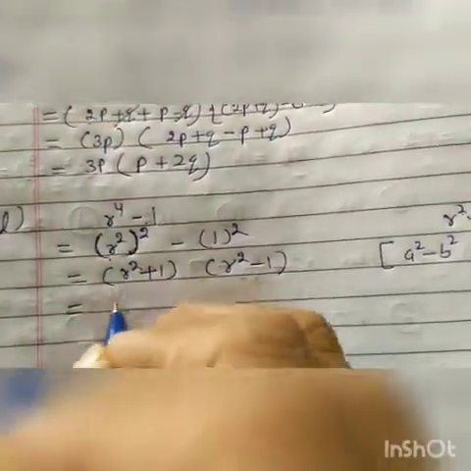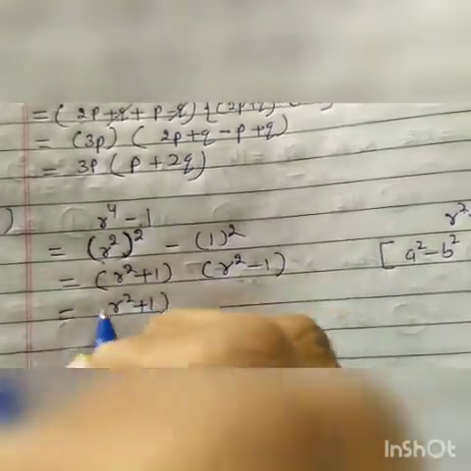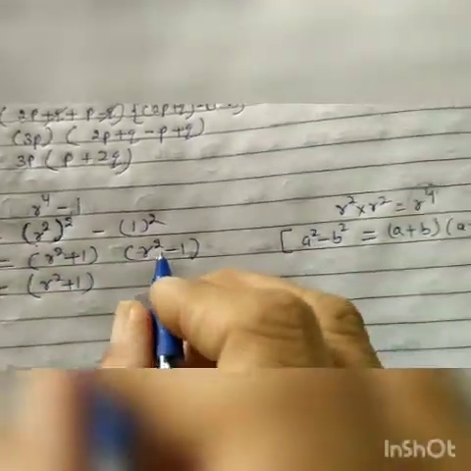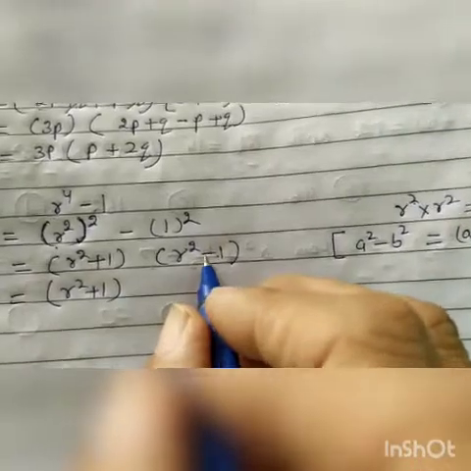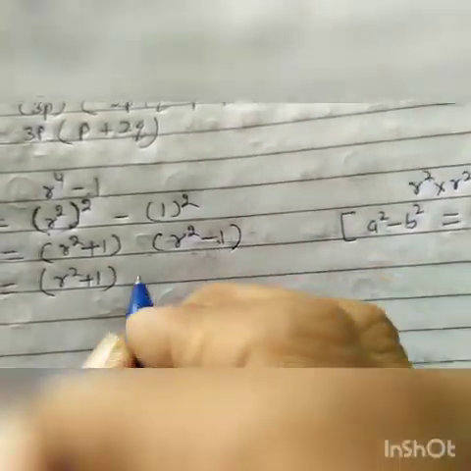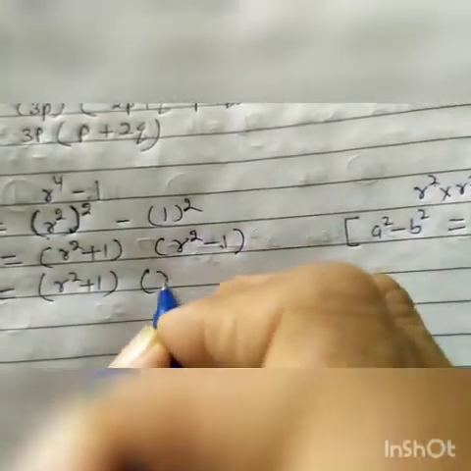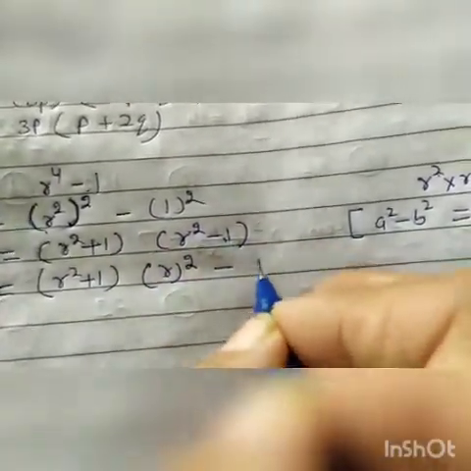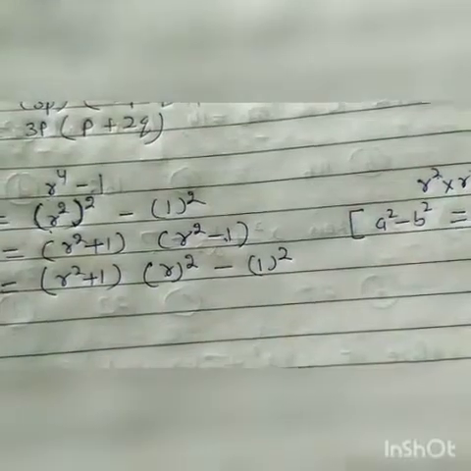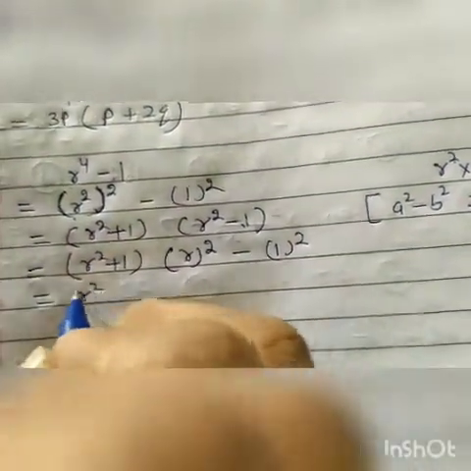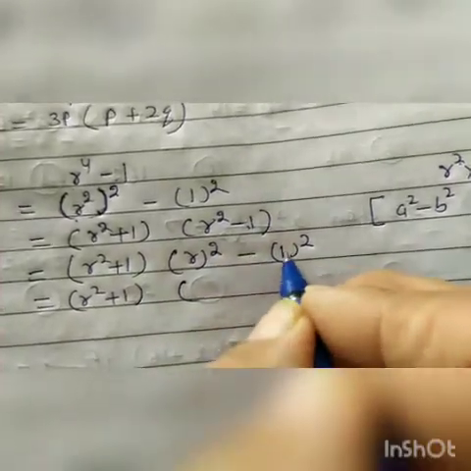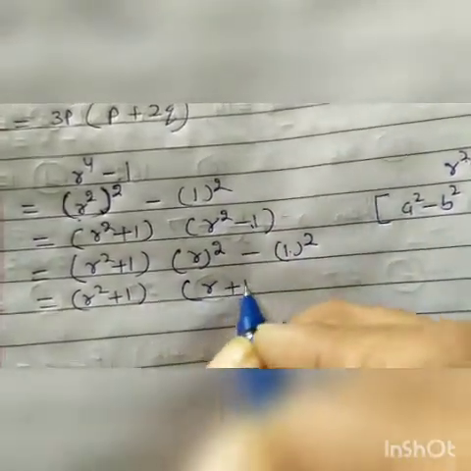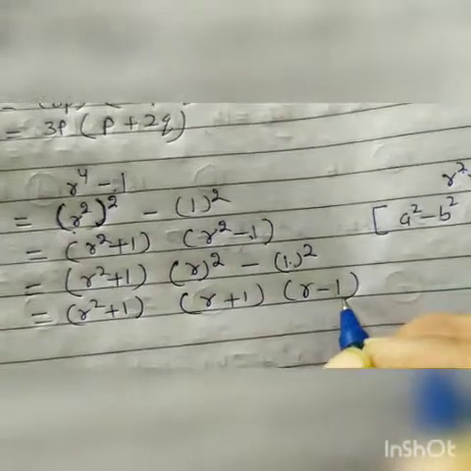Now this r square plus 1 will be written as it is, and here r square minus 1. Again we will use the same identity because this r square is the square of r and 1 is again the square of 1. So r square plus 1 and again a square minus b square, r plus 1, r minus 1.